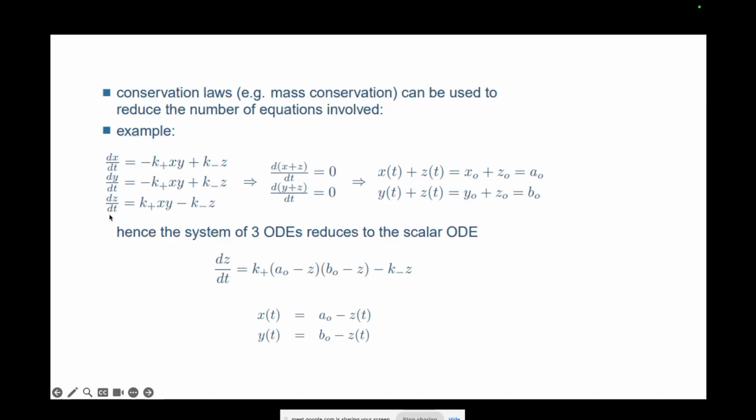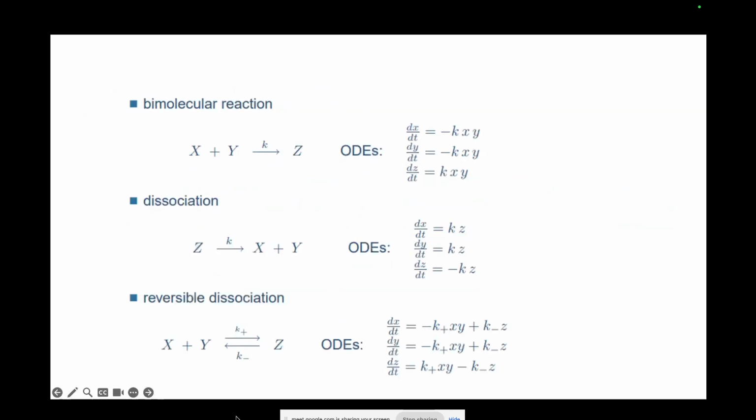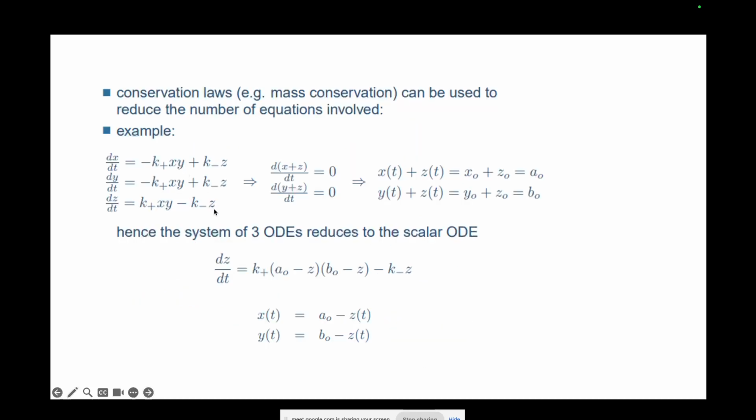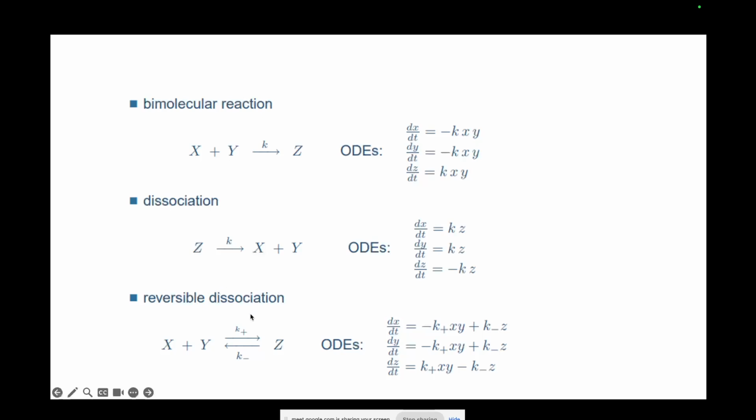These are the three equations for the last reversible dissociation, and your condition is that x plus z and y plus z are always constant, because z is getting formed from either of x and y. So x plus z and y plus z will always be constant across the timeline of the reaction.